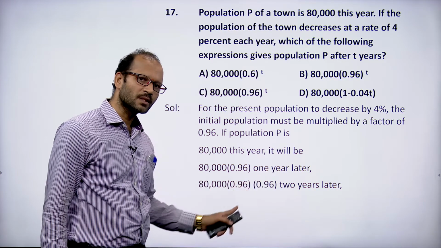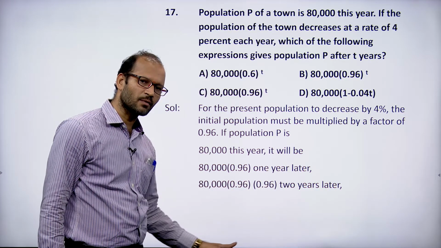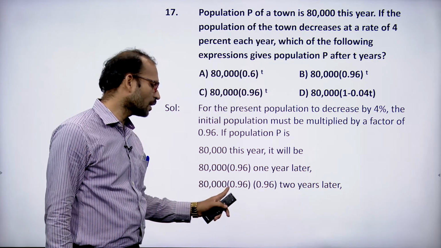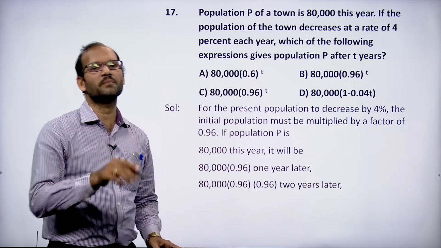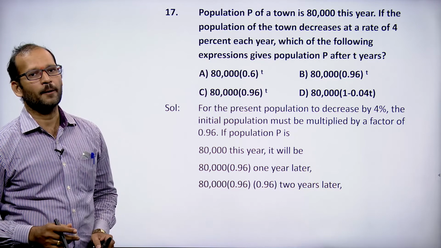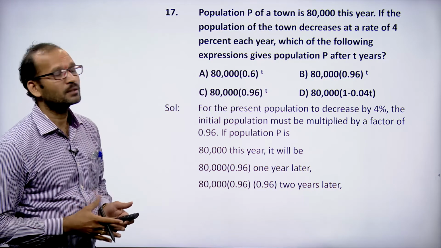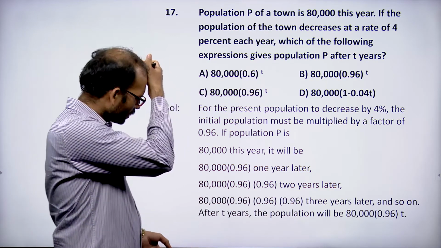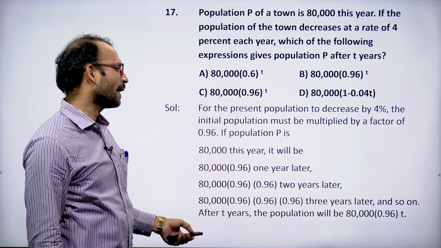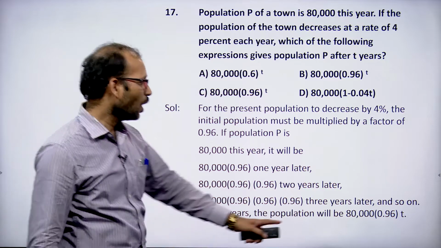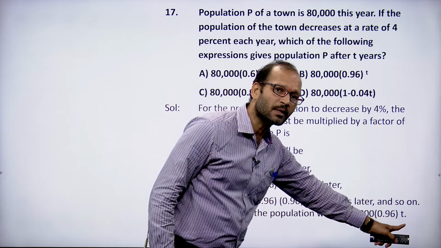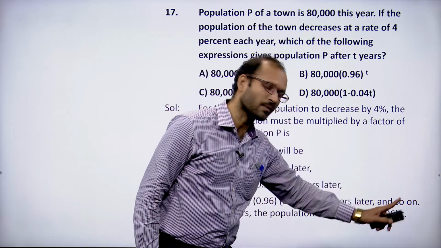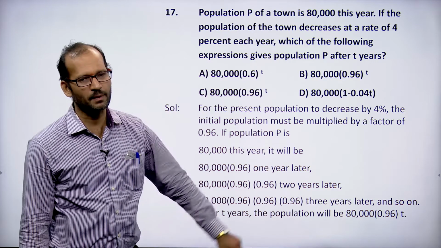After 3 years, 3 times, after 4 years, 4 times. So 80,000 into 0.96 whole power t will give you the population P after t years. This is not multiplied by t, this is power t, because it is exponential.